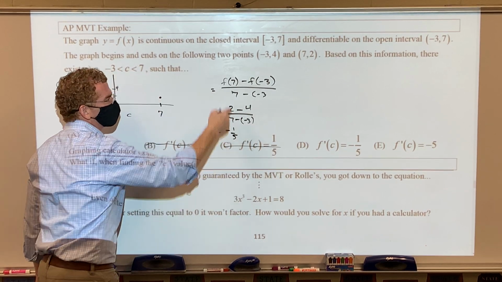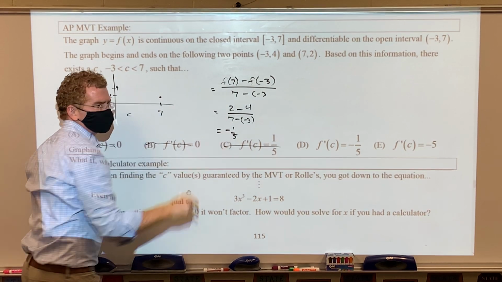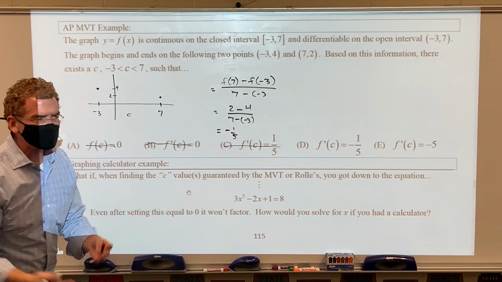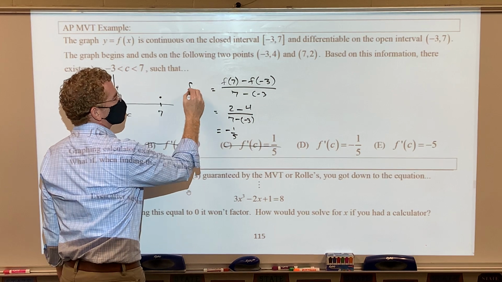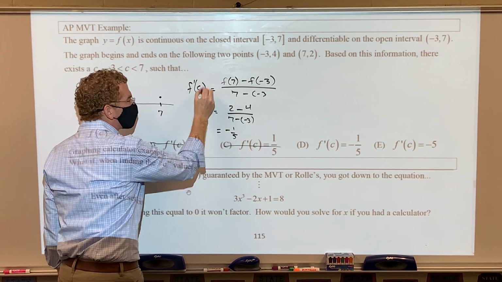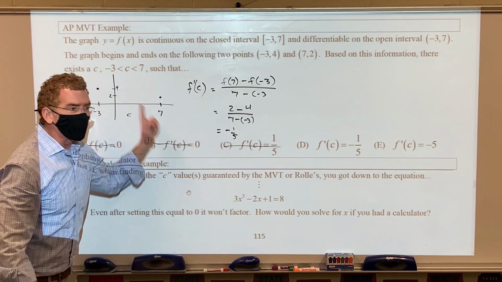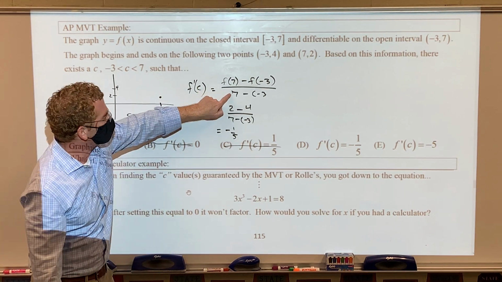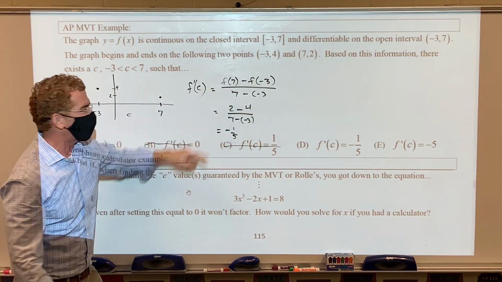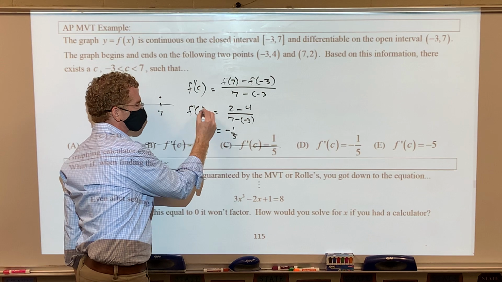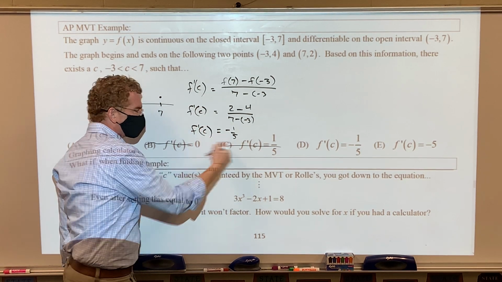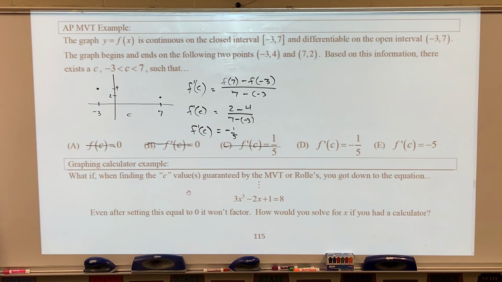So this is saying that the average rate of change is negative 1/5. And what does mean value theorem say? The derivative somewhere is going to equal the slope from beginning to end. I know this is true. Do you see how this is the mean value theorem? All right, and they didn't even tell you it was mean value theorem, but that's all they're checking.